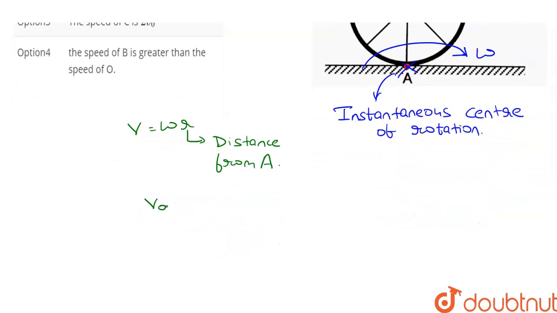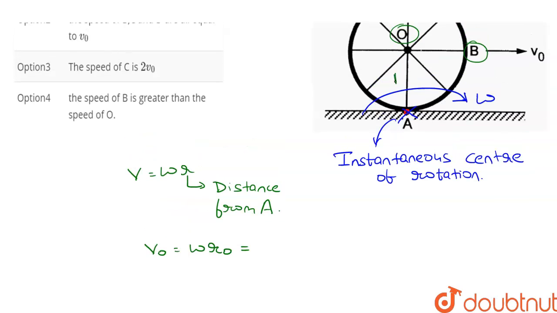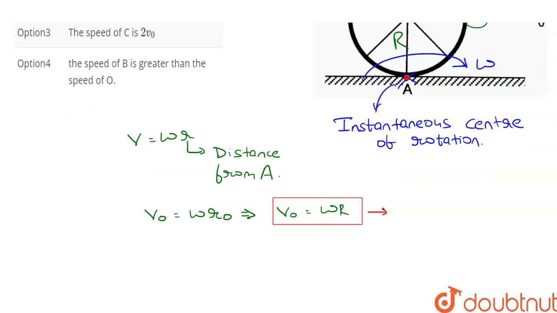So V0 will be equal to omega into RO. The distance OA is equal to radius capital R. Therefore V0 is equal to omega capital R. From this we can find the value of omega, which is equal to V0 upon capital R.